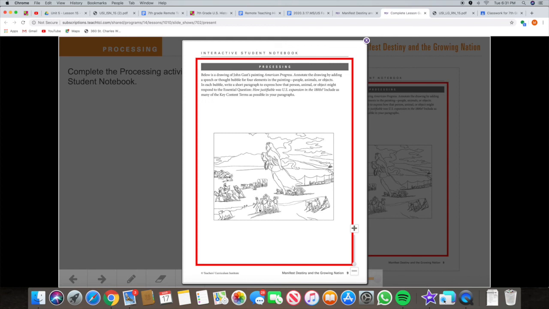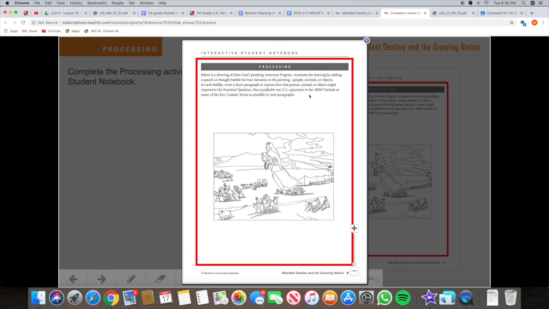Okay, so people, animals, or objects. In each bubble, write a short paragraph to express how that person, animal, or object might respond to the essential question: how justifiable was U.S. expansion in the 1800s? Include as many of the key content terms as possible in your paragraph. Okay, so you're gonna write 4 speech bubbles, thought bubbles, and you're answering the essential question for each one of them. That's your first option.